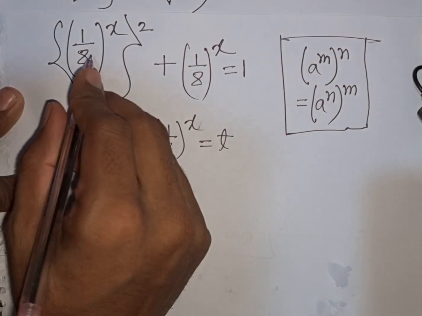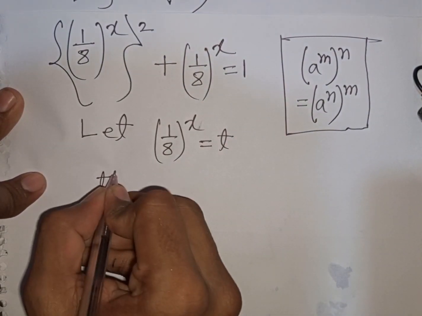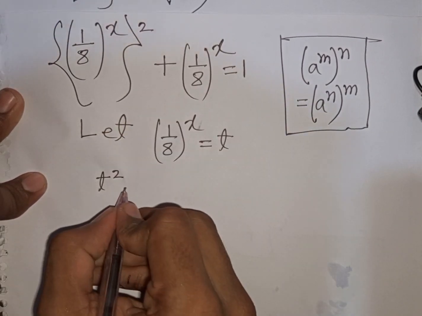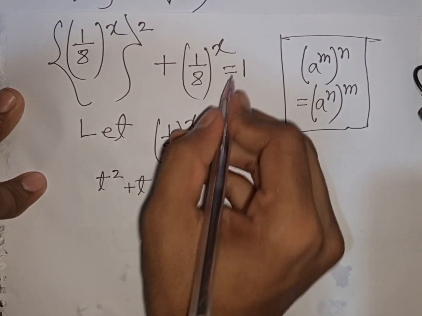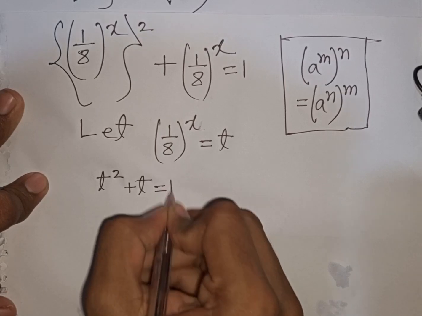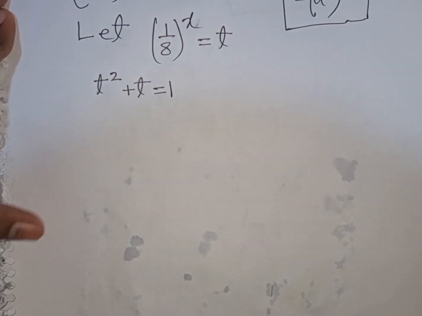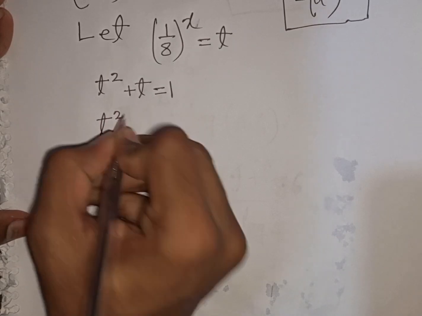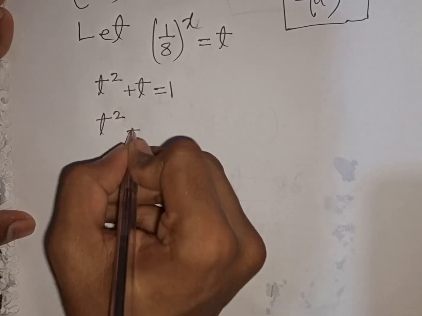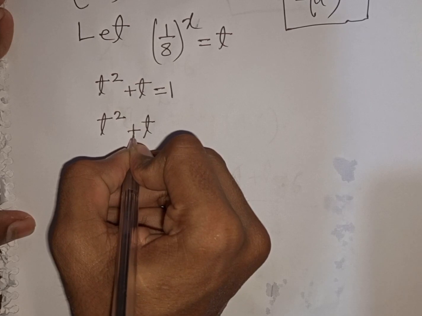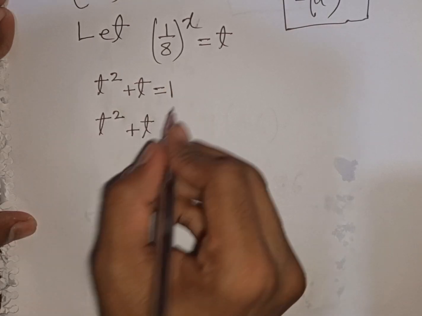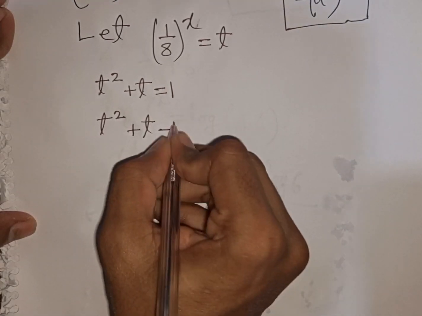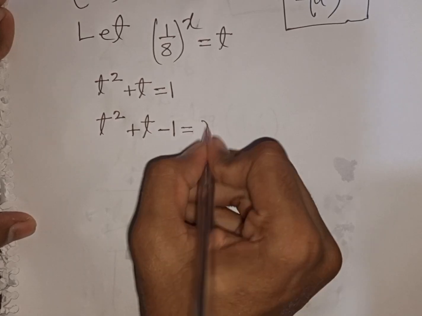So, our equation will be t^2 + t = 1. Now, we can write t^2 + t, then this plus 1 taken to the left side, so this will be minus 1, is equal to 0.